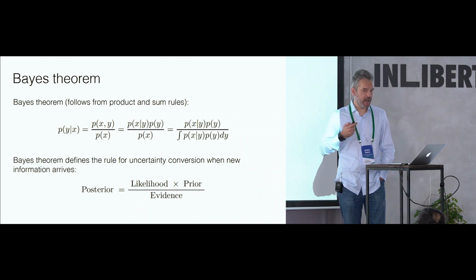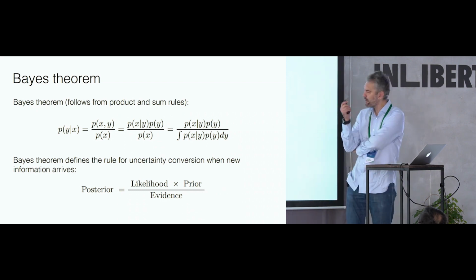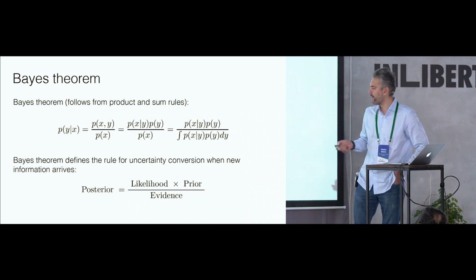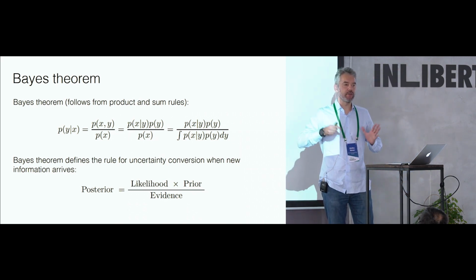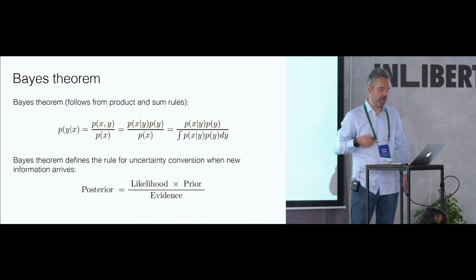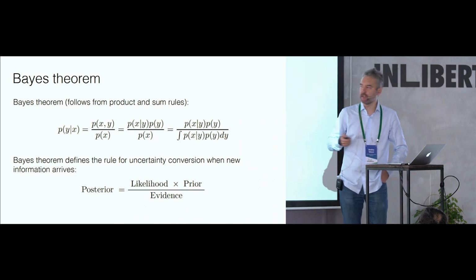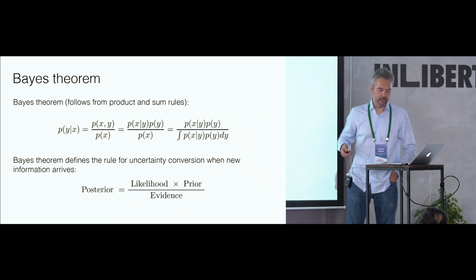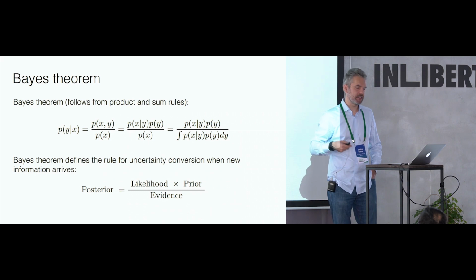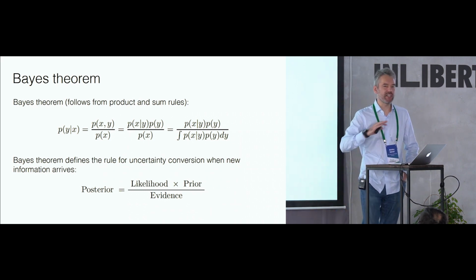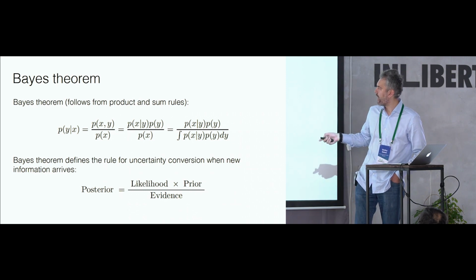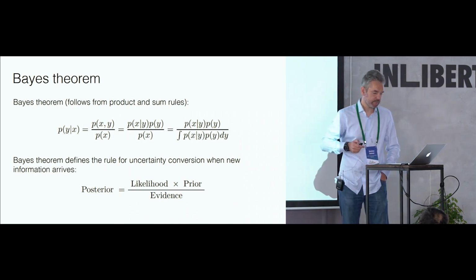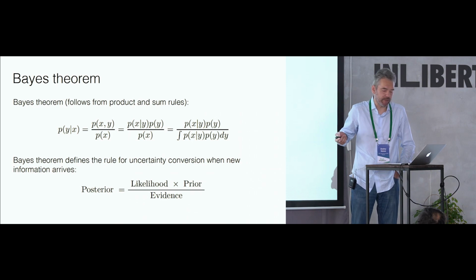The theorem is quite important, and conceptually, it allows us to update our uncertainty or our knowledge about the variable to be estimated, in this case y, by observing some variables, some data, which are somehow related to y. And by data, I mean x. And the update is actually pretty simple.